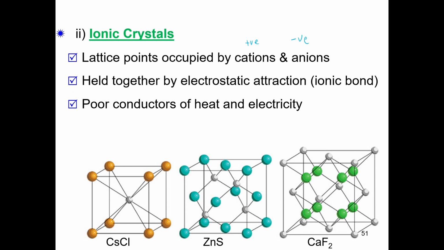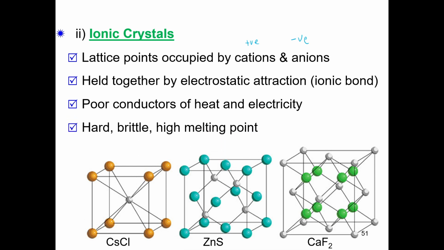For ionic crystal, because it involves transfer of electrons, the electrons do not move freely, so it cannot conduct heat and electricity. Earlier, for metallic solid, because it has delocalized electrons in a sea of electrons that are free to move, it can carry heat, so it is a good conductor of heat.